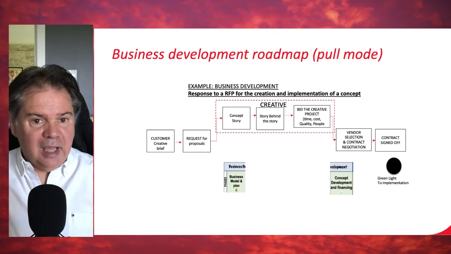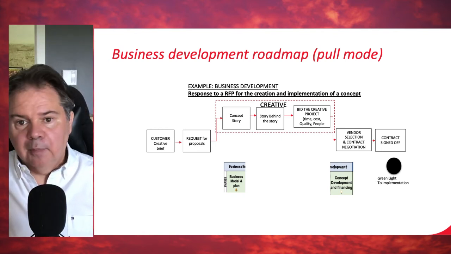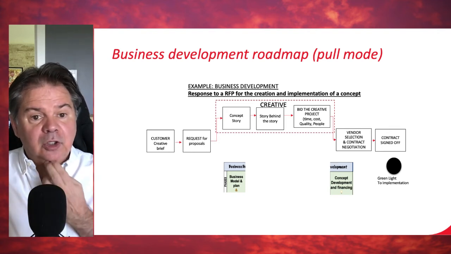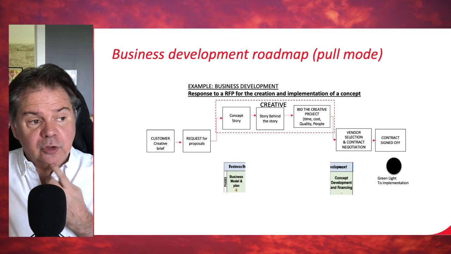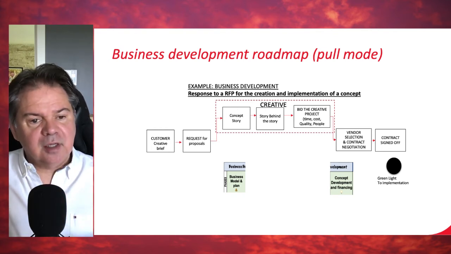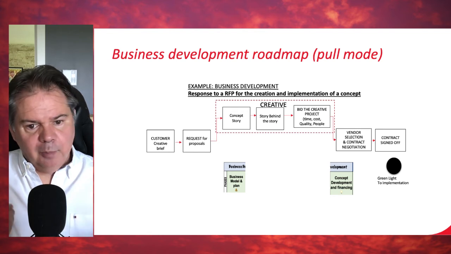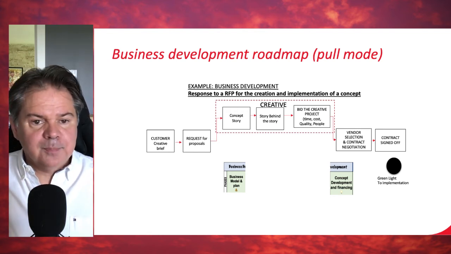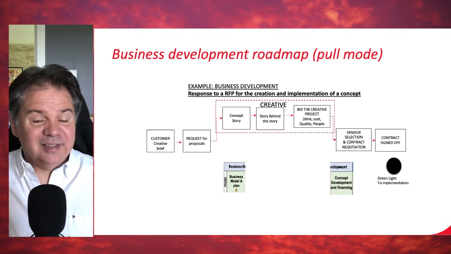Because if you don't do that, you're going to end up in a month where you have no more money in the bank, cannot pay your employees, cannot pay your vendors, and then the whole problem starts there because now your delays are coming in and the whole shebang is going down, right? So that would be a roadmap in a pull mode, for example, of a show.